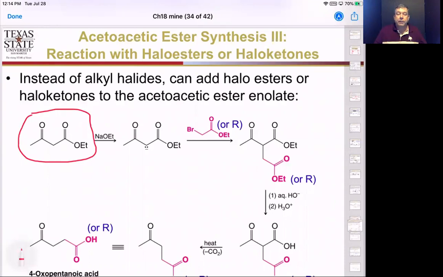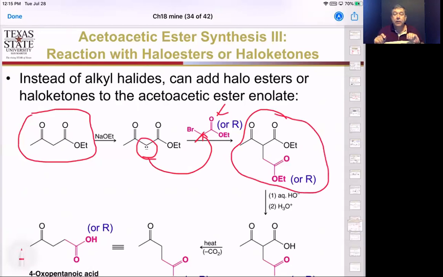We're going to deprotonate that with base, and so of course it's going to deprotonate at the alpha carbon here. And then in this case, instead of attacking it with some regular unsubstituted alkyl halide, we're going to use an alpha halo ester. So remember, we can make these alpha halo esters by making the alpha halo acids and esterifying. This is going to act as our electrophile and displace this bromine right here, and it's going to give us our intermediate here.